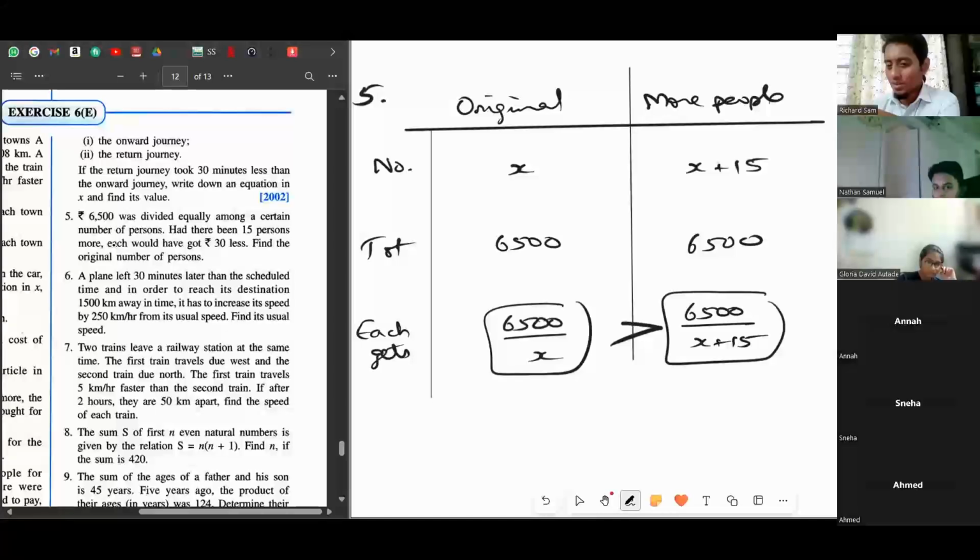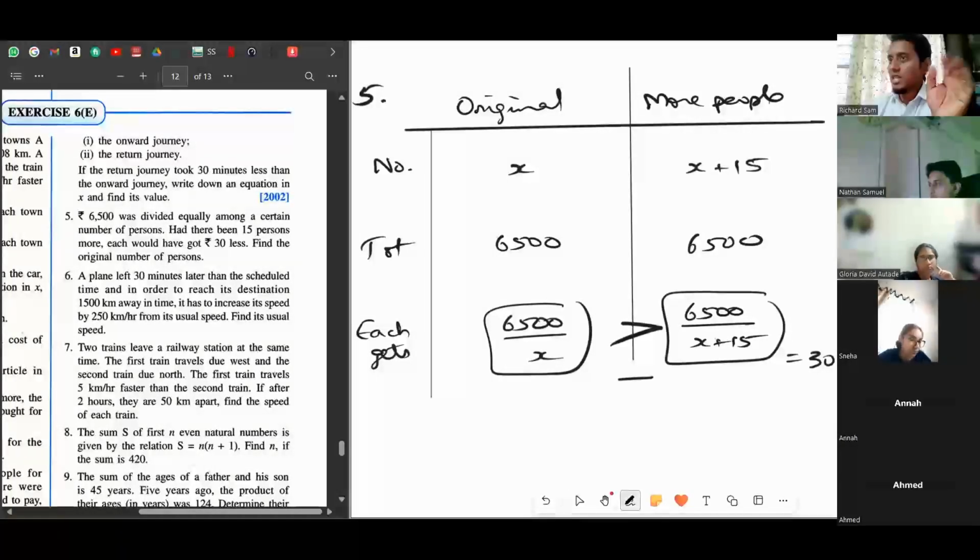So 6,500 upon x plus 15 is 30 less than 6,500 upon x. If you subtract these two, you will get 30, because that's the difference between what they get. If there are 15 people more, then they get 30 rupees less. Is that clear, everyone?